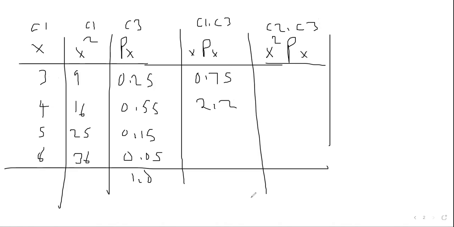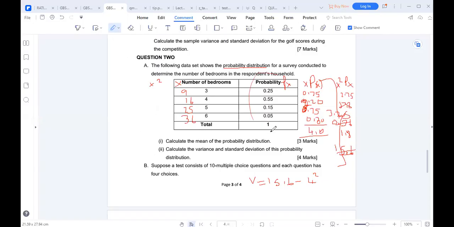Then 5 times 0.15. The probability of x is already given here, and the values of x are already given there. So 5 times 0.15, we found 0.75.